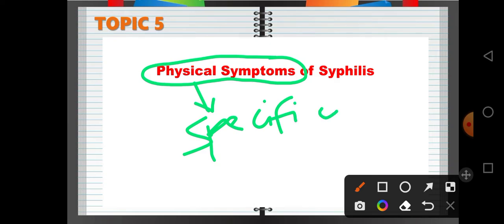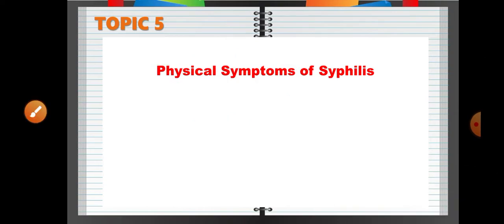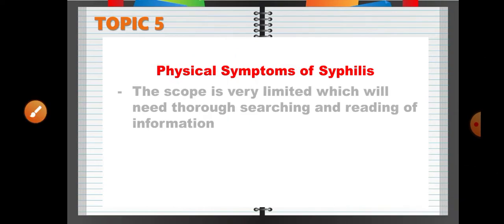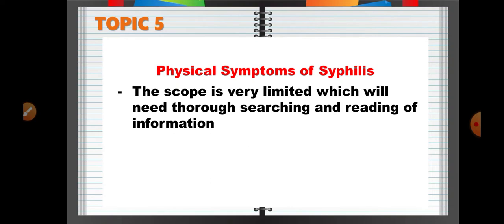It only covers physical symptoms. But what about the other symptoms? What about aggravated symptoms? What about asymptomatic symptoms? This means, class, that the scope of this topic is very limited. It is only limited to one kind of symptom.